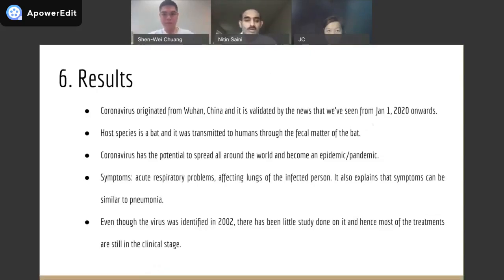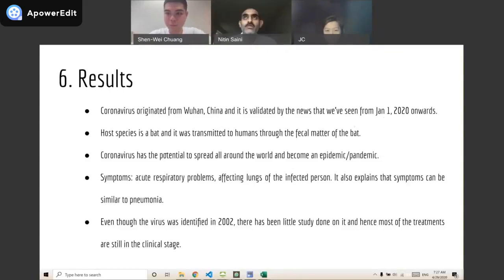So since the goal of the whole project was to go through these 52,000 research papers and understand anything about coronavirus, we decided to categorize those things into 5 or 6 categories.